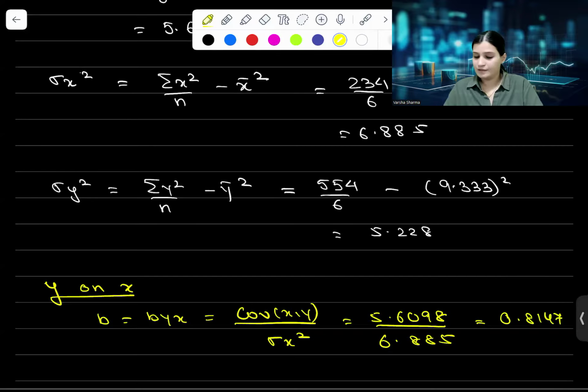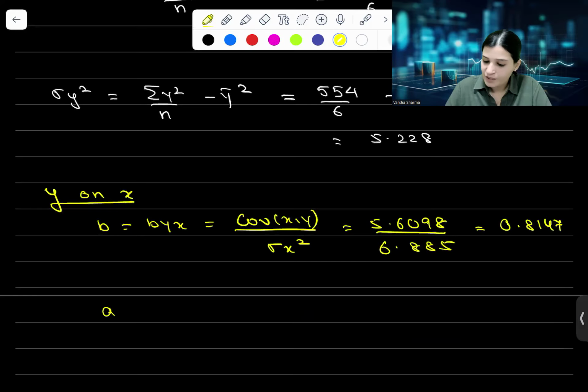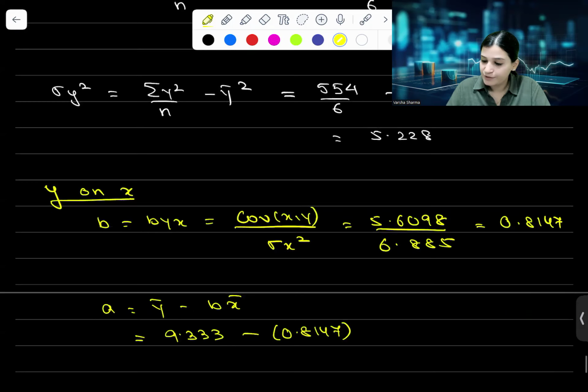And a, the formula was y bar minus b x bar. Y bar 9.333 minus 0.814 into x bar, which was 5.667.